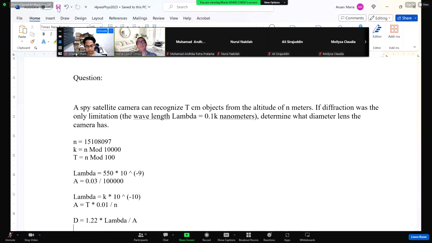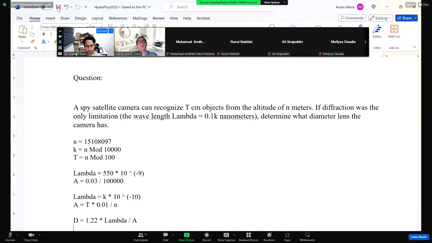So there is a formula: 1.22 times lambda divided by the angle, for the diameter of the lens, okay? So maybe if we have time, we will prove this formula. So we know lambda and we know 1.22, but we don't know the angle, right? How do we calculate the angle?